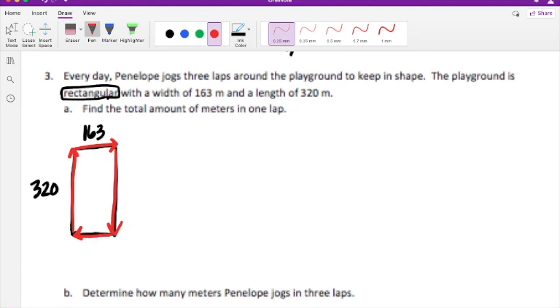Now, we know that the distance around something is the perimeter. In order to find the perimeter, you would do the length 2 times plus the width 2 times. So I'm going to multiply 320 times 2 and multiply 163 times 2 and then add the 2 of them.